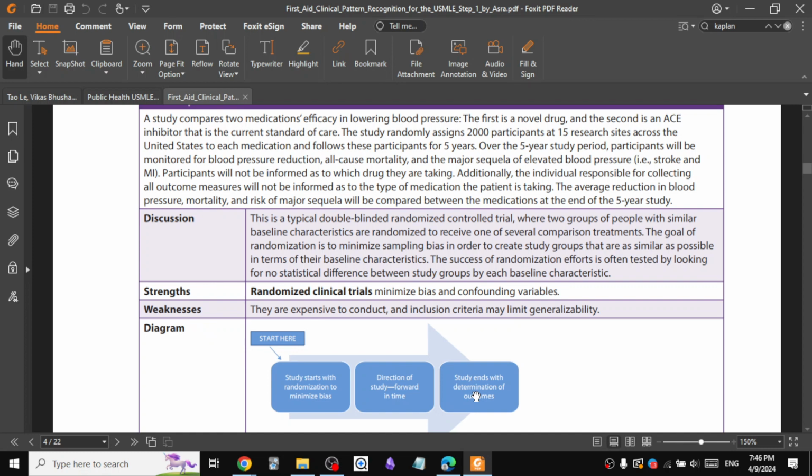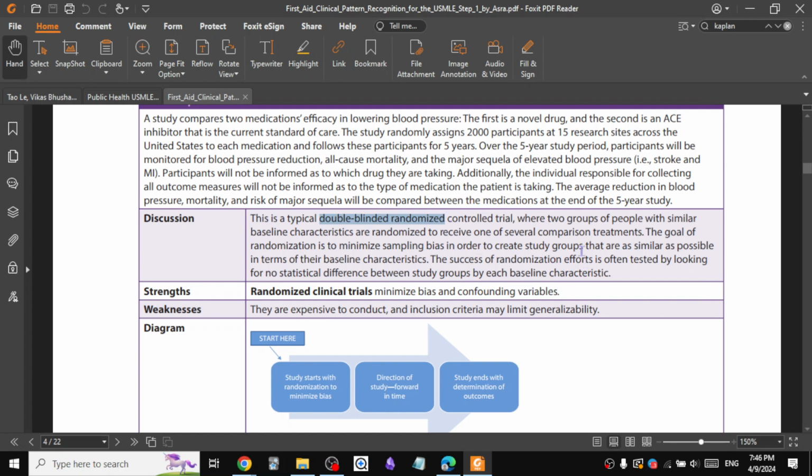Next, we have randomized control trials. You introduce randomization, and it's called a double-blinded randomized trial, where the one who's conducting and the one who's participating don't know their role. They're blinded, and both of them are just following the methodology.